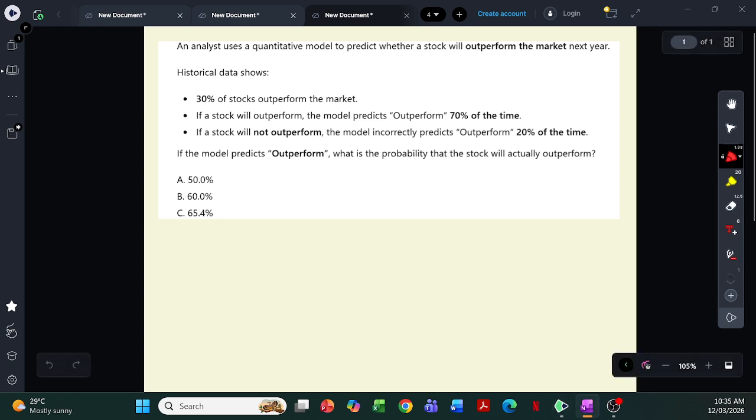Okay, so pretty confusing, but let's go step by step. But before we proceed, we need to know what the Bayes formula is. The Bayes formula is a rule used to update the probability of an event using new information. So once we get new information, we get updated probabilities. So I'm going to define certain events here. I'm going to say that O is stock outperforms.